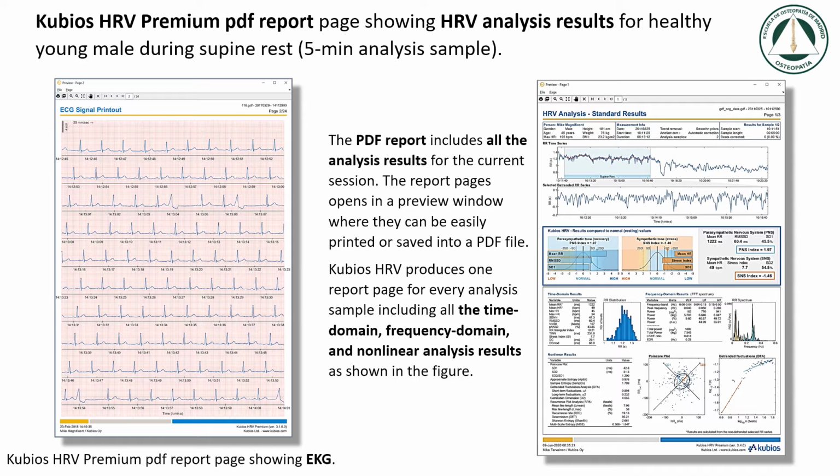The figure on the right side shows the PDF report, which includes all the analysis results for the current session. The report pages open in a preview window, where they can be easily printed, or saved into a PDF file. Kubios HRV produces one report page for every analysis sample, including all the time domain, frequency domain, and nonlinear analysis results as shown in the figure.